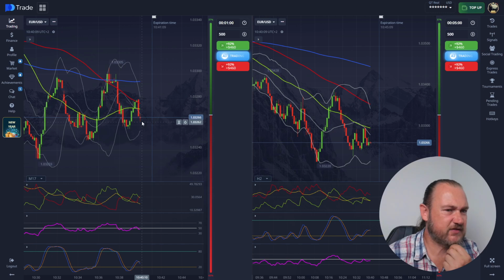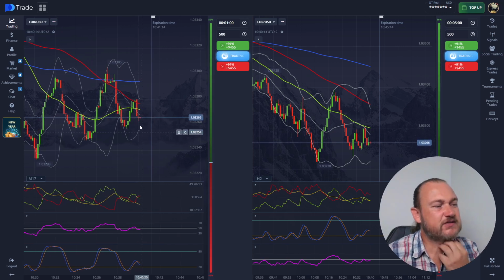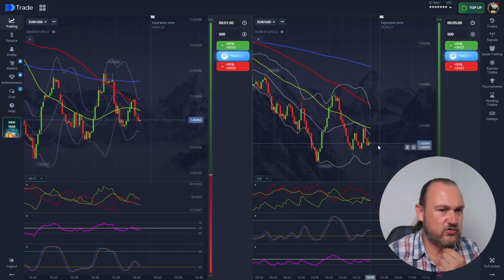Might form something here. Let's just see. If price goes down to this area and starts pushing back, I suspect we will see a bullish divergence forming.